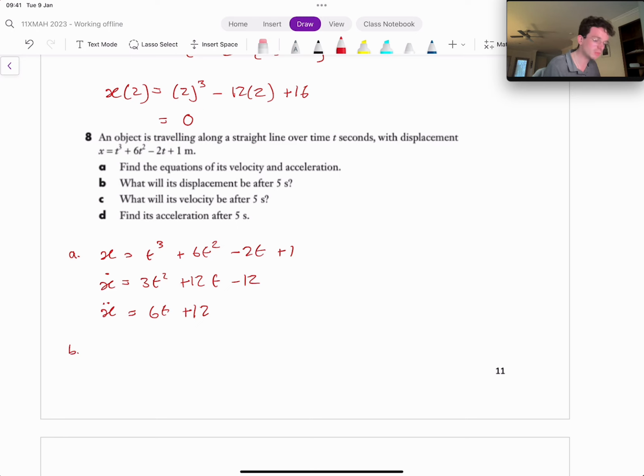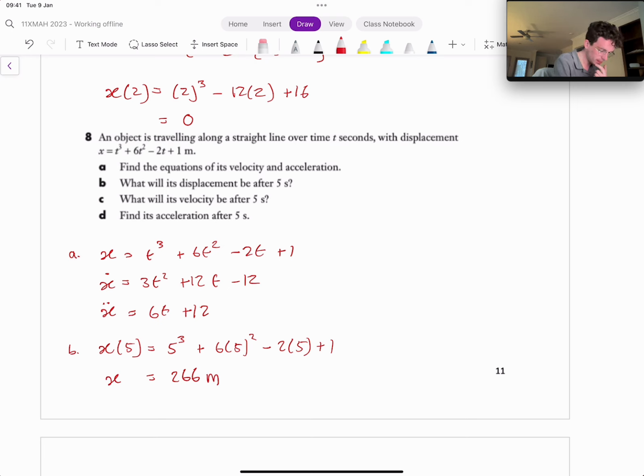Part B, what would its displacement after 5 seconds be? We just substitute in 5. x of 5 is equal to 5 cubed plus 6 times 5 squared minus 2 times 5 plus 1. So substituting that in, which is 266 meters.